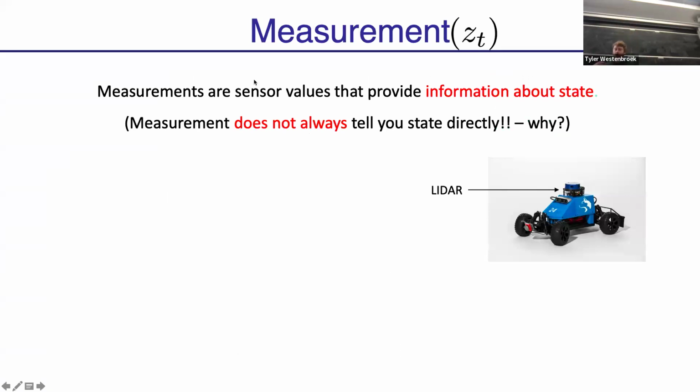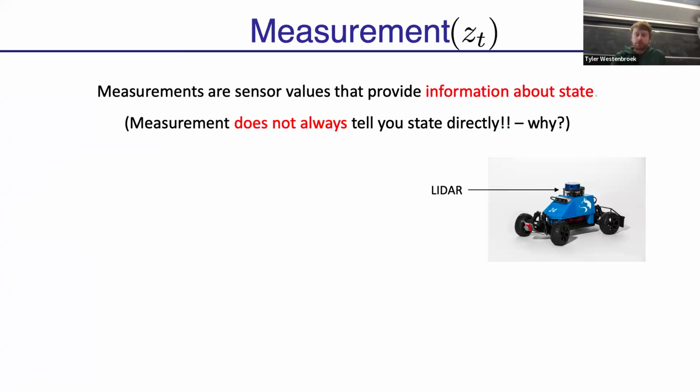Okay, so coupled with our notion of state are what we're going to call measurements of our state, and we're going to denote this with z of t. So this is a measurement that we receive at some time t. These come from all of our sensors on our robot, right? So for example, for our car here, it is going to be something like the LiDAR measurements we have.